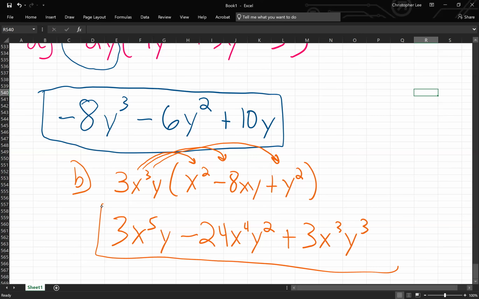This is my final answer. Let's distribute that onto every single term. Remember, numbers with numbers, variables with variables. X's go together, Y's go together. That's it. Questions on this, anybody?